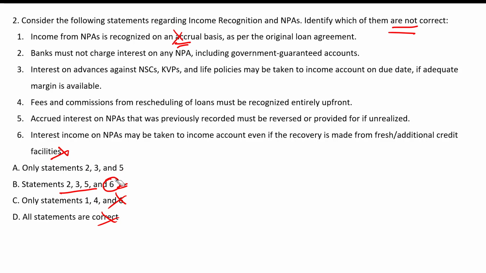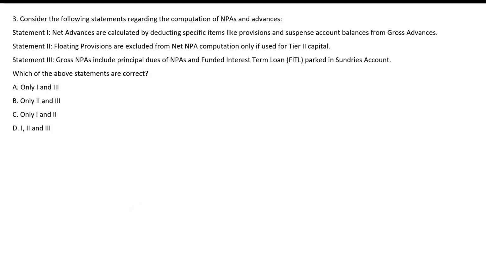Let me erase this. So, 1 is not correct, and we have also read statement number 6, which is also not correct. So, all statements are correct. This cannot be a question. So, 1 is not correct, and hence option C is the correct answer for this question.